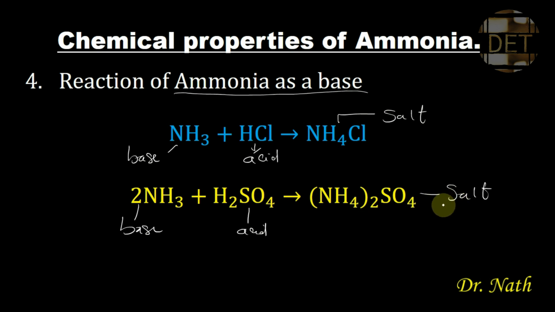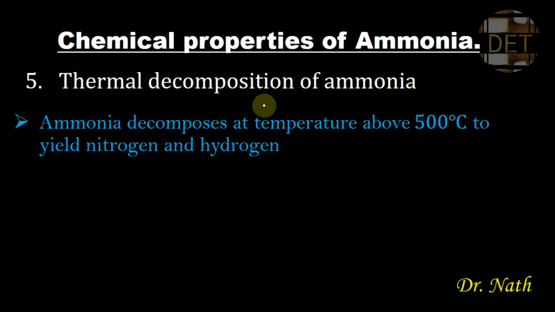So the last reaction of ammonia we're going to look at here is the thermal decomposition of ammonia. Ammonia decomposes at a temperature above 500 degrees Celsius to yield nitrogen and hydrogen. Thermal simply means heat. Decomposition simply means to break down.